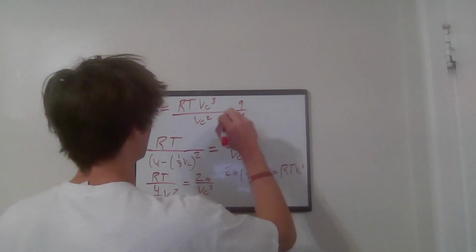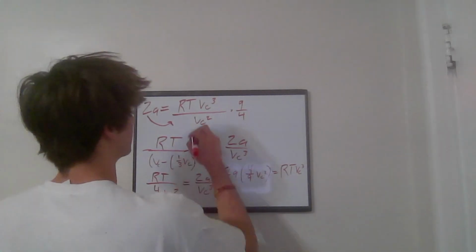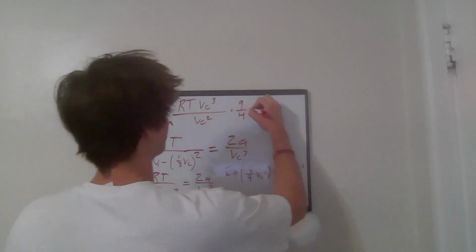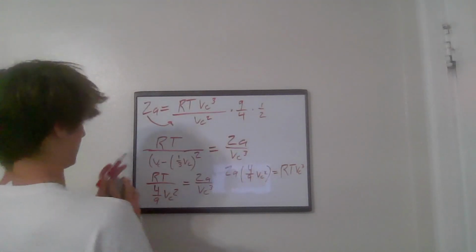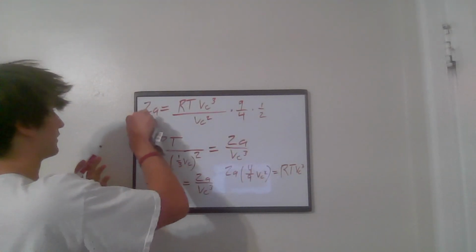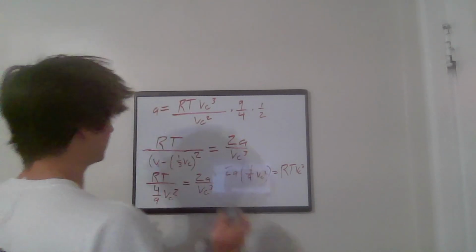And then you can divide again by 2, by this 2A, so times 1/2 you can also do. And that gets rid of this to find our A value. This is our A value, but let's clean it up a little bit.